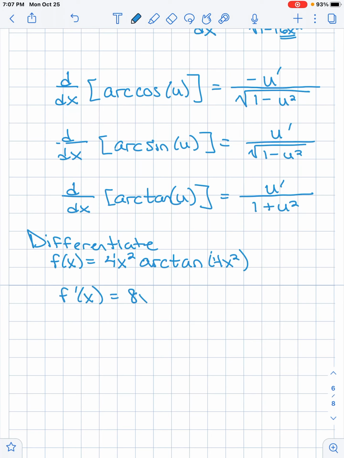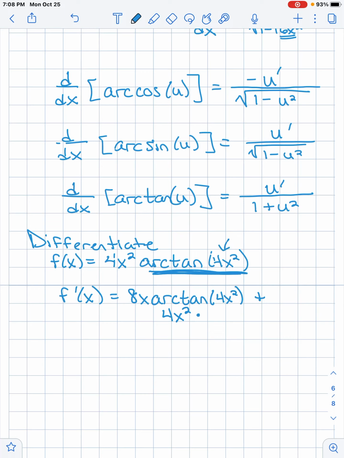The derivative of 4x squared is 8x times arctangent of 4x squared without changing anything, plus, and I'm going to run out of space, so I'm going to go down to the next line, plus 4x squared, the first term unchanged, multiplied by the derivative of this. And we're going to use our little shortcut that we just came up with.